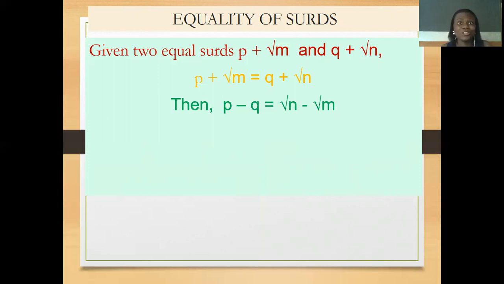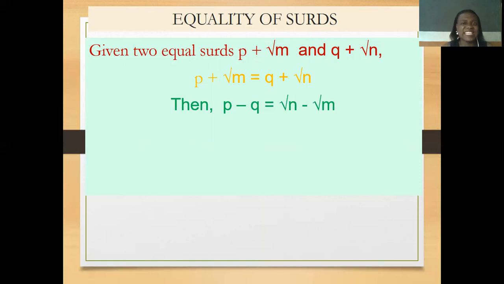Those are irrational numbers. Now, it's not possible for a rational number to be equal to an irrational number. The only way it is possible is if it is zero, because else that is not a logical expression.